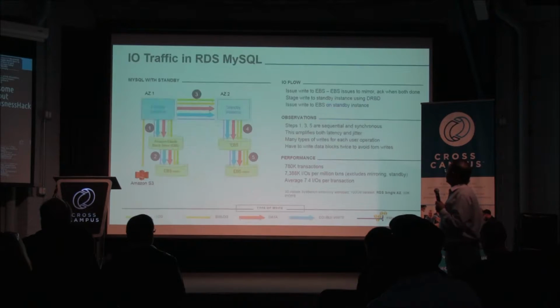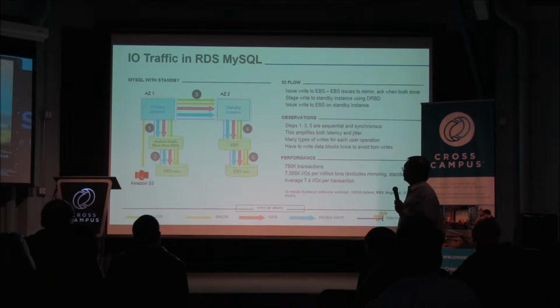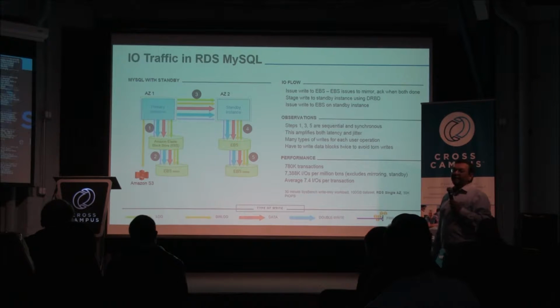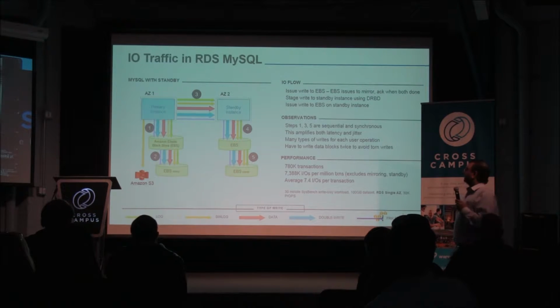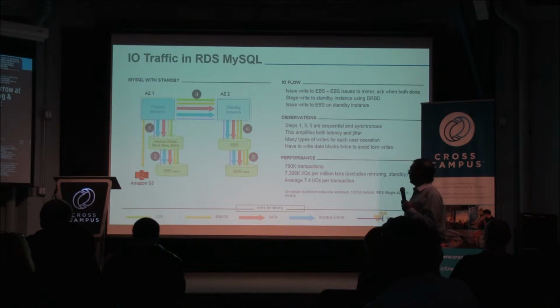Now, if you compare this with what we do in, for example, RDS MySQL or any other database for that matter, these are some of the write data path traffic flows inside the database, right? In this case, if you have RDS MySQL, from the primary instance you are writing to the EBS volume.